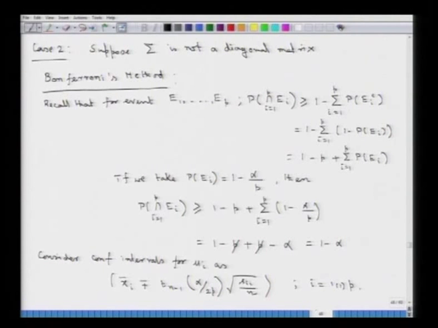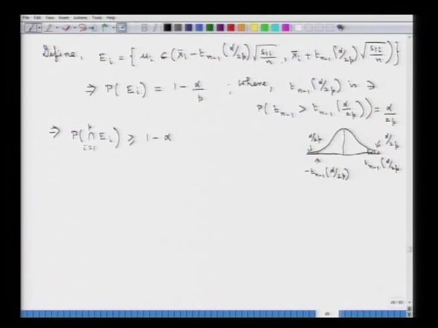As we had derived, if we choose the probability of E i to be equal to 1 minus alpha by p, then the probability of the intersection of E i is greater than or equal to 1 minus alpha, and we have chosen those random intervals in such a way.